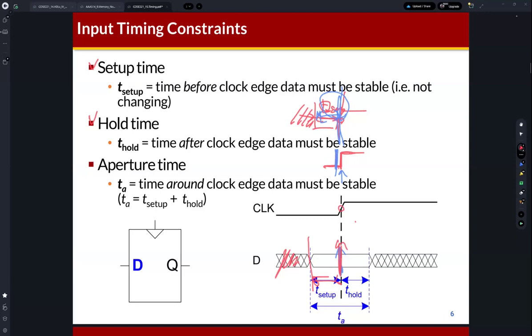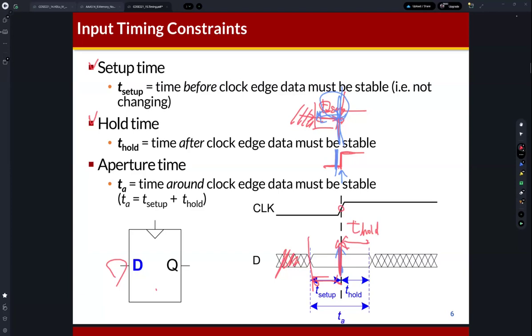Also, we can observe another timing constraint called hold time. Hold time means that after this time, T hold, after the rising edge of the clock, the input signal of this D flip-flop needs to be maintained.